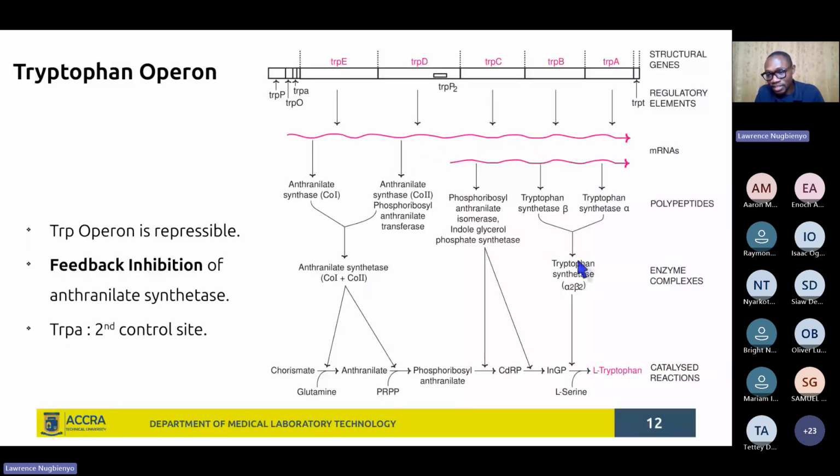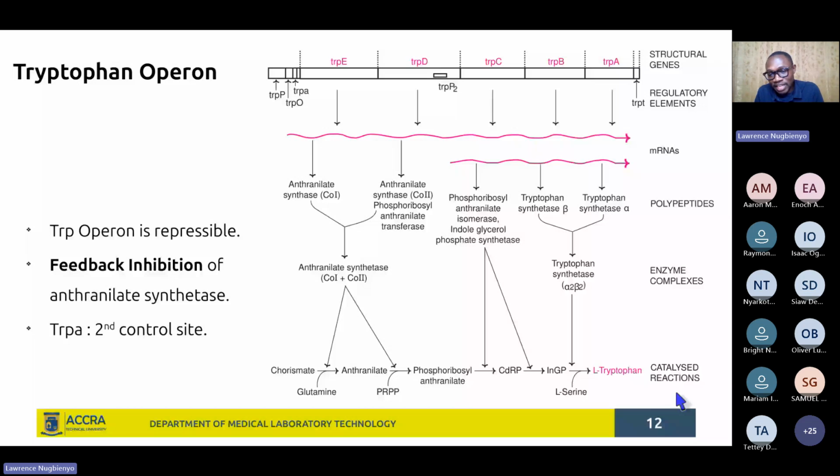You have a tryptophan synthetase, which is acting in a particular reaction. Now, you see, there is a reaction below, catalyzed reactions. It is actually this reaction that the gene, when it gets expressed, comes to control.